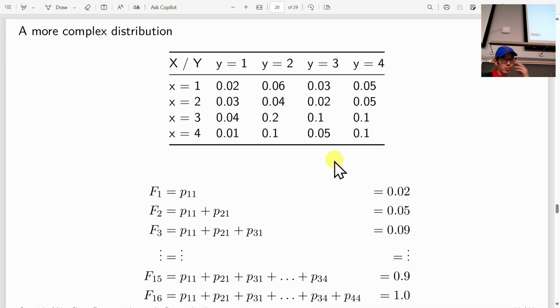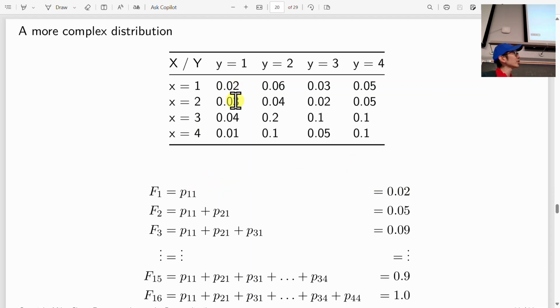What if you have a more complicated case where x can take on 4 values and y can take on 4 values, or more generally speaking. Again, you just go down the column. An arbitrary ordering, but we'll say 0 to 0.02 will correspond to 1, 1.